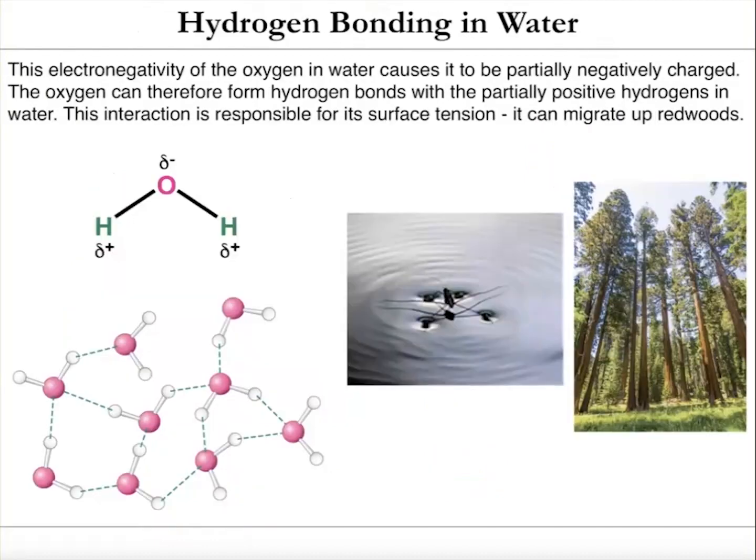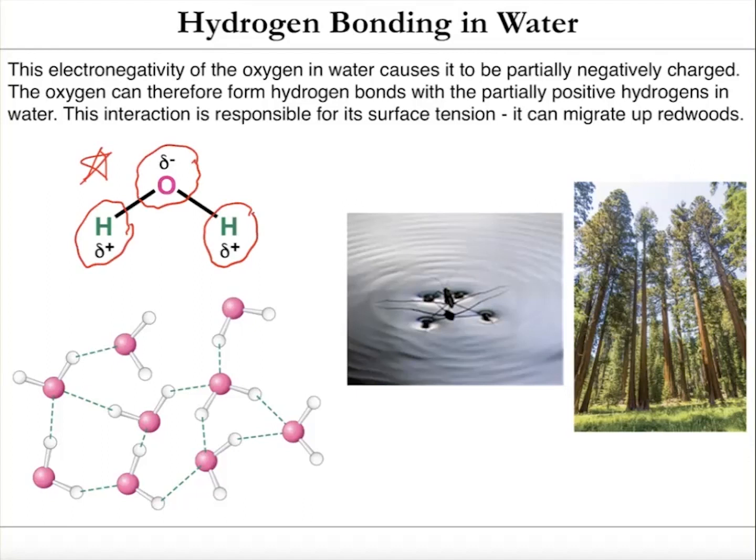So this electronegativity of the oxygen in the water molecule and the electropositivity of the hydrogens allow it to form what are called hydrogen bonds with other molecules, including other water molecules. So you can see here is H2O. The oxygen is partially negatively charged and the hydrogens are partially positively charged.